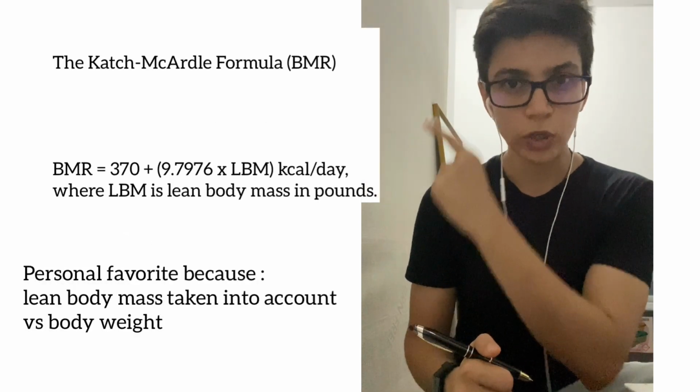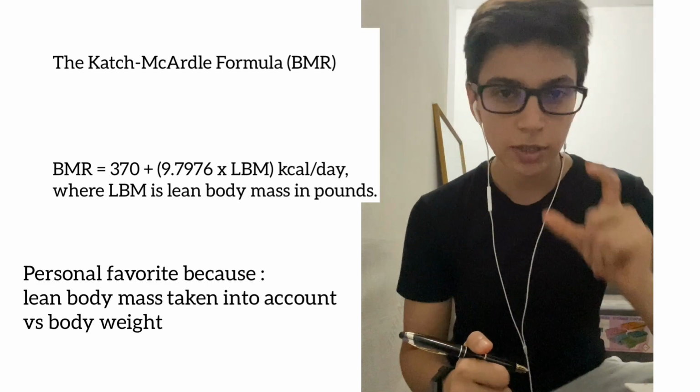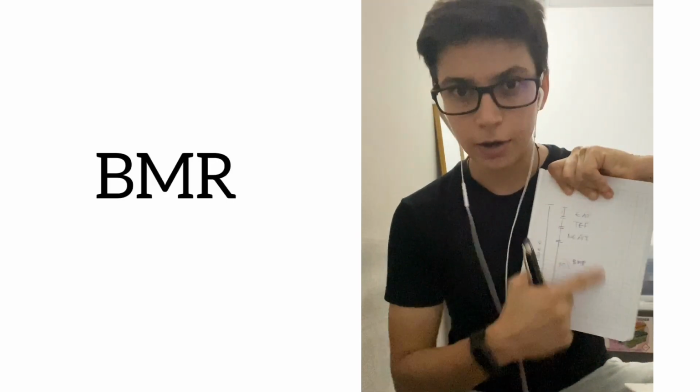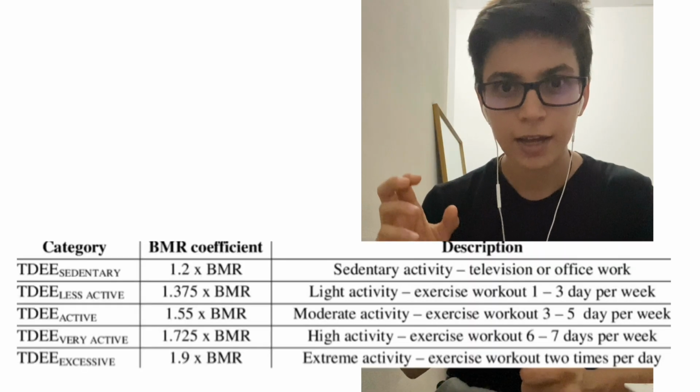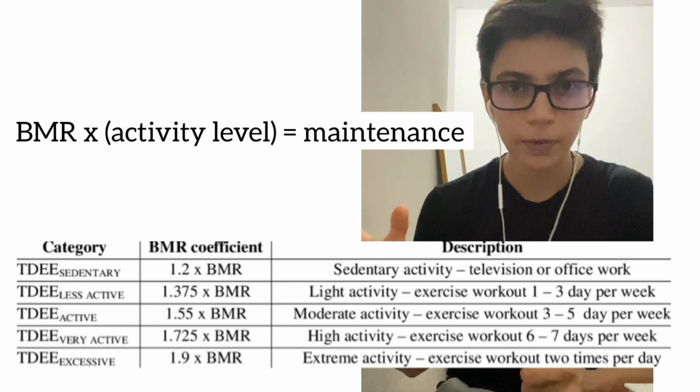So when you do the equation, pick anything, do the equation, you get yourself a number. That is your BMR. Now, with most online calculators, that number is multiplied by an activity multiplier.